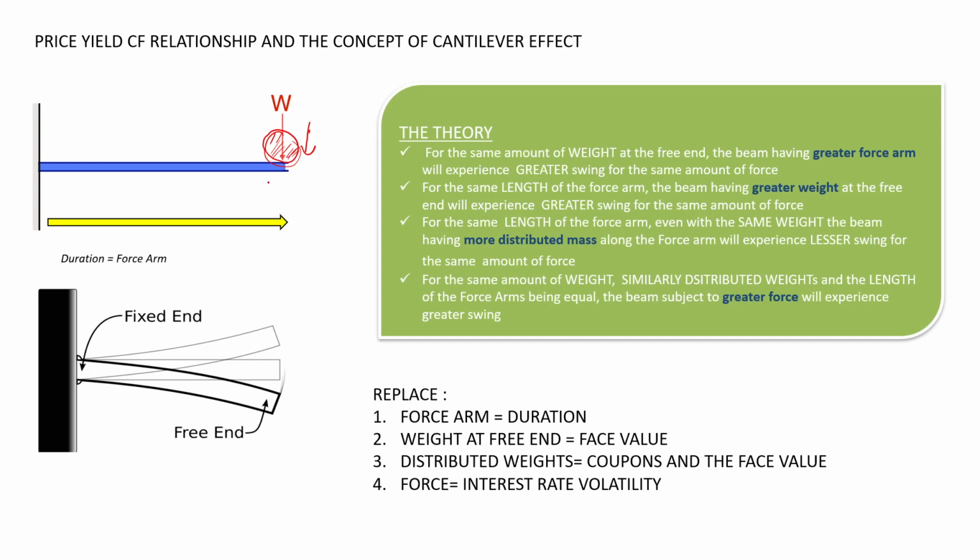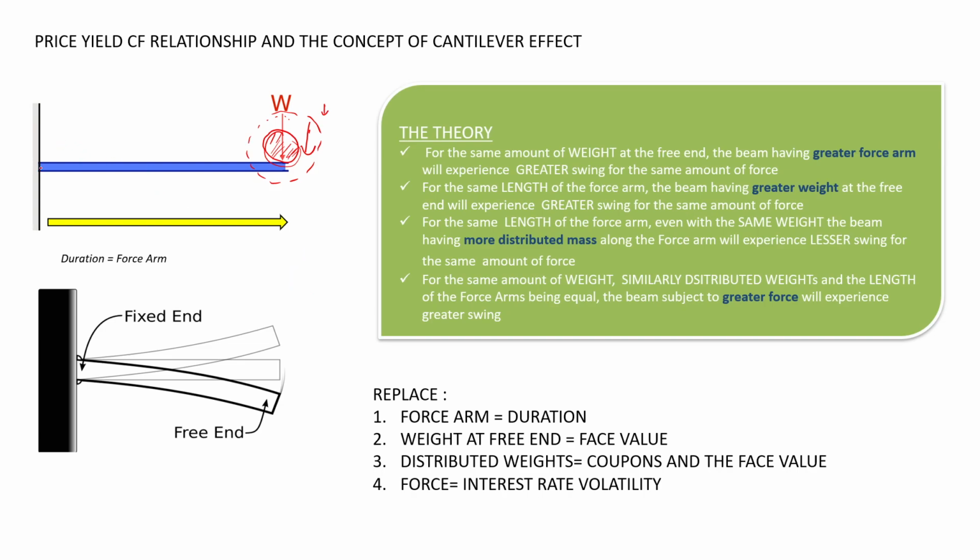Now, what will happen in case the size or the weight of the ball is increased? If you increase the size of the ball, and even if you apply a small force on this, the swing still will be there, but it will be more violent. Am I right? You have studied this in your 5th or 6th or 7th standard, maybe in the 8th standard of physics, basic science, right?